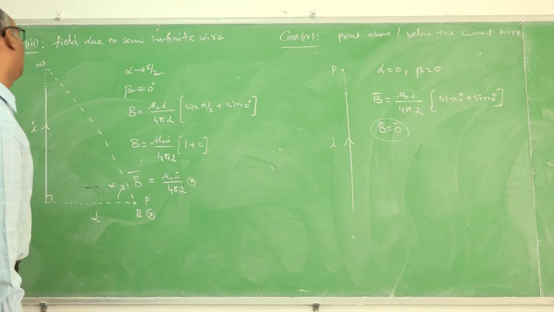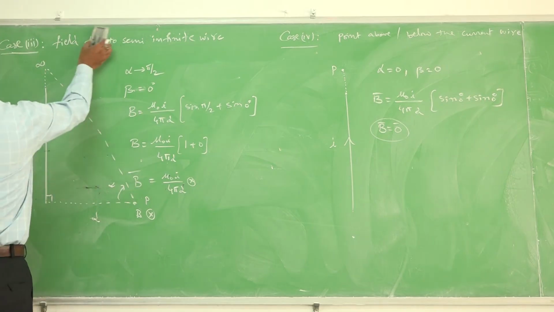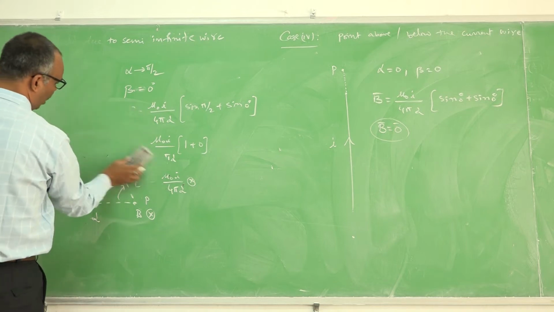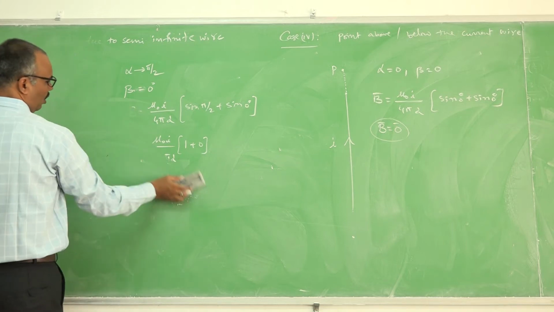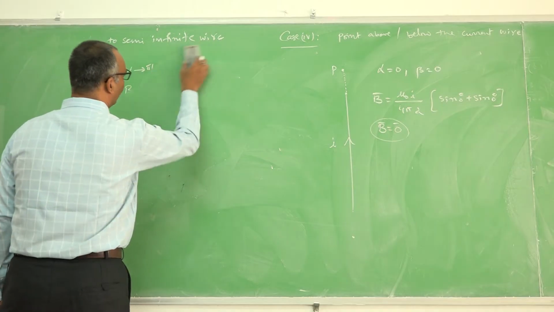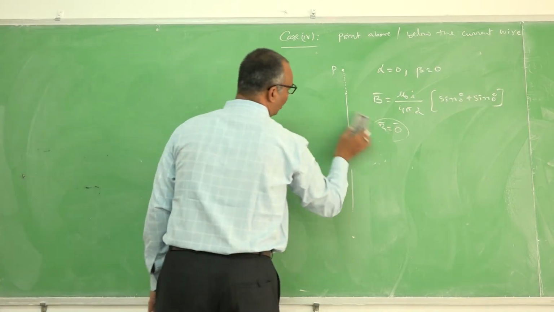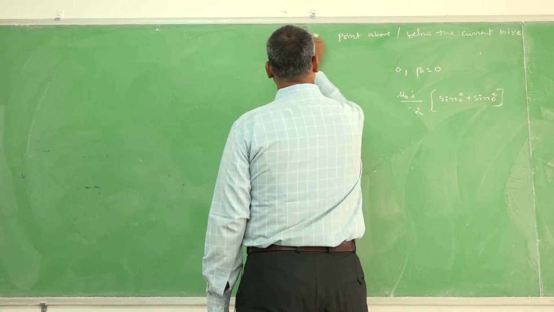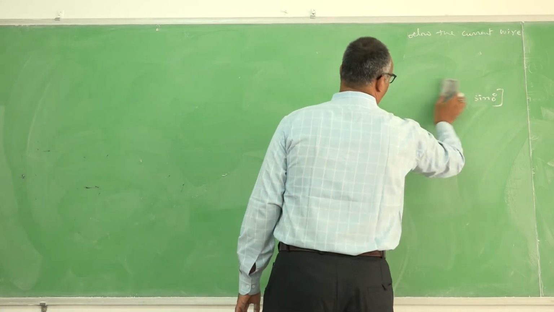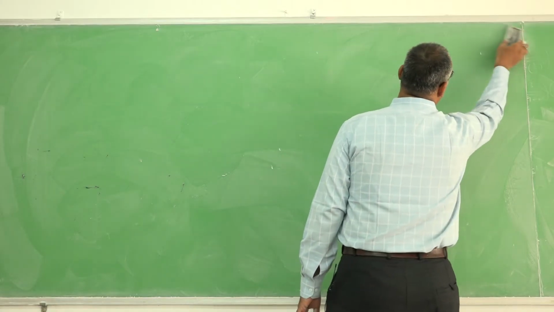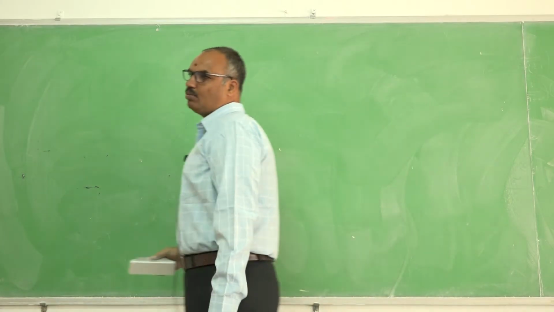Okay? Now, let us continue our discussion with a circular coil carrying current I. At an axial point, we need to calculate the magnetic field. Already we calculated at the center of a circular coil what is the magnetic field available. That value is mu naught I by 2r.